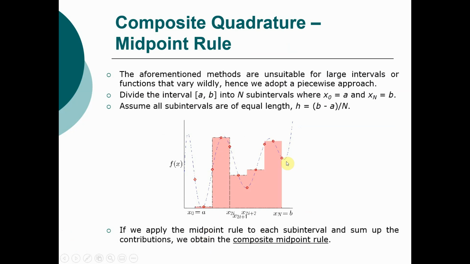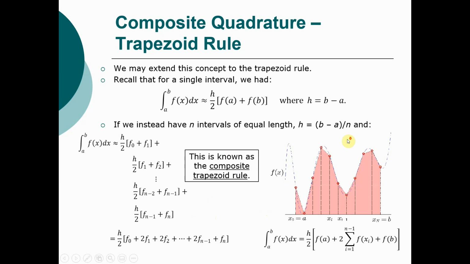Okay. We could also have the composite midpoint rule, right? So for any of the rules that we saw, midpoint rule, trapezoidal rule, Simpson's 1/3 rule, even Simpson's 3/8 rule, we can do that compositely. What does that mean? It means breaking the interval into smaller subintervals and applying the rule on each smaller subinterval. This shows you an example of the composite trapezoid rule, right?